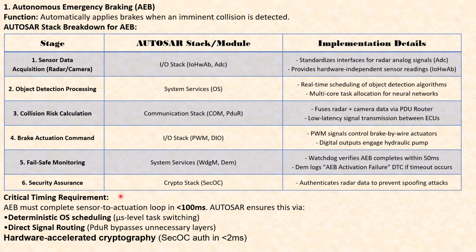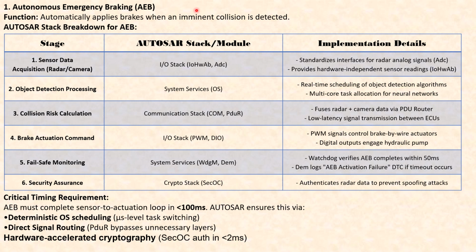Now, what is this critical timing requirement? This is very important because autonomous emergency braking is an ASIL 4 level functionality, because failure of this may lead to fatality or severe injuries. That is why it is ASIL level 4, and that is the reason why it has a very critical time.